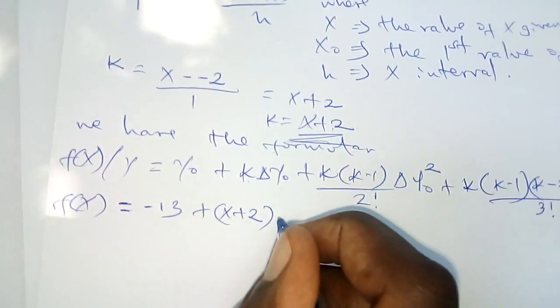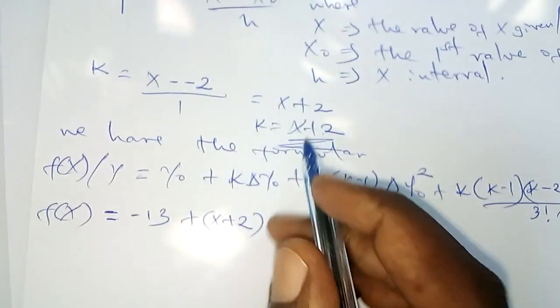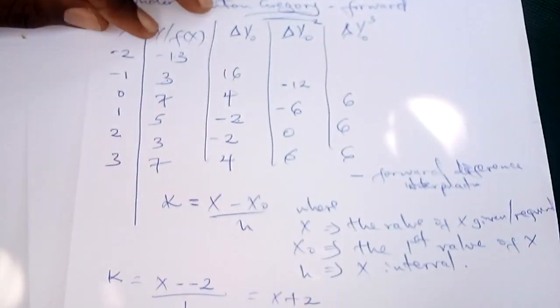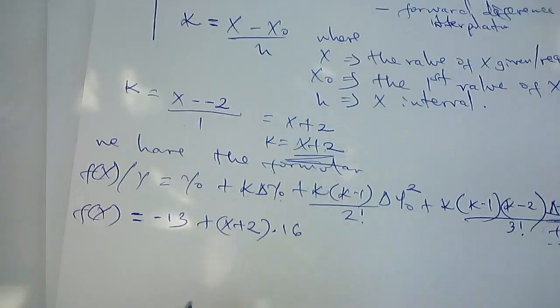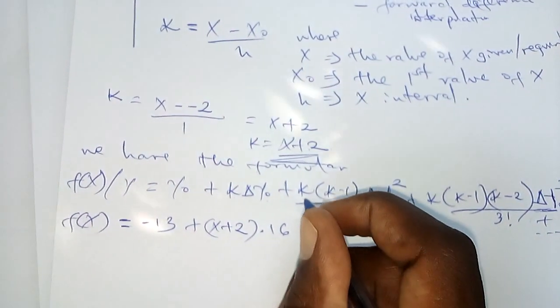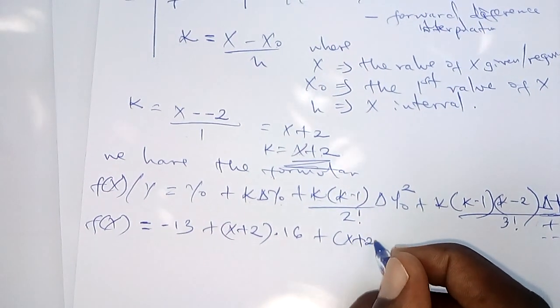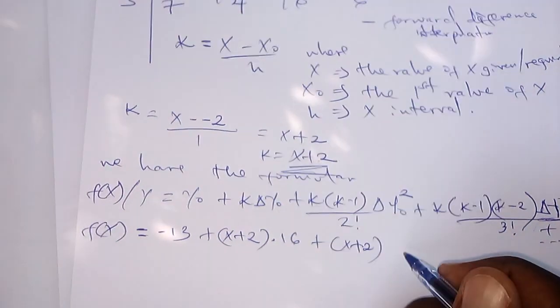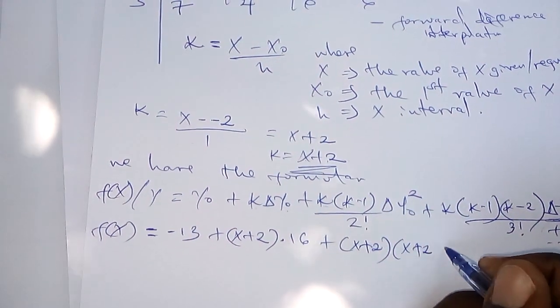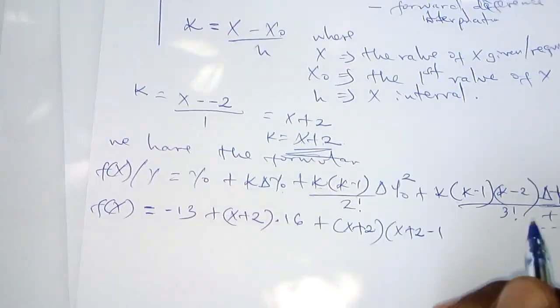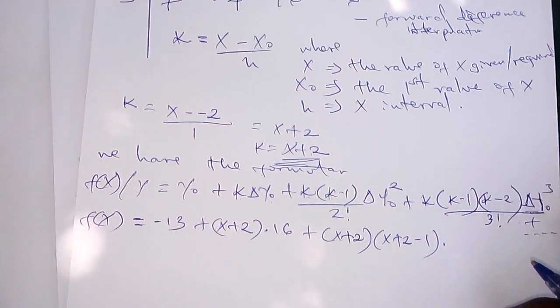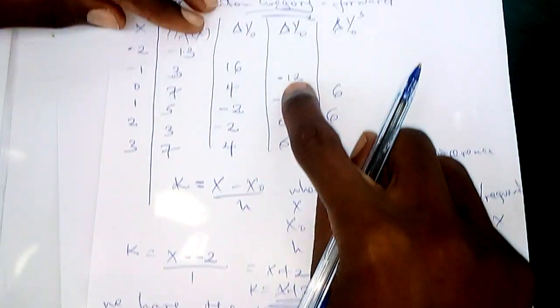You multiply by change in y naught, which is 16. Plus again x plus 2, then x plus 2 minus 1 from the formula, multiplied by change in y naught squared, which is -12.